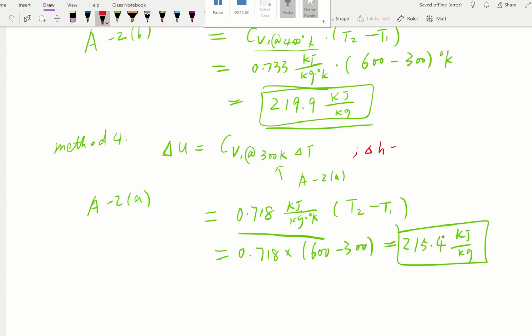For method 4, in order to find delta H, we're going to use CP at 300 Kelvin and then times delta T. So that's the difference between delta U and delta H. It's a CV and CP difference.